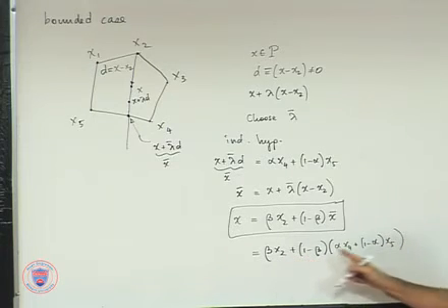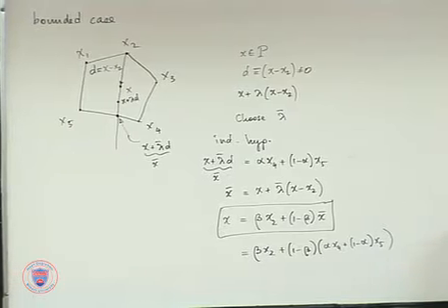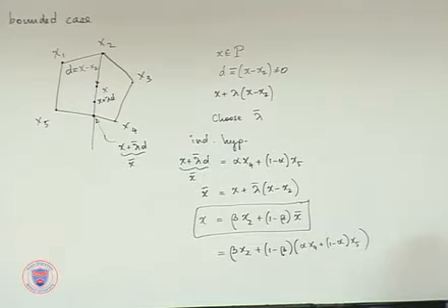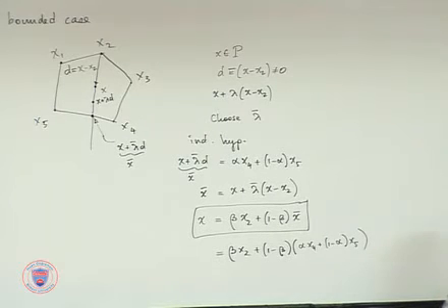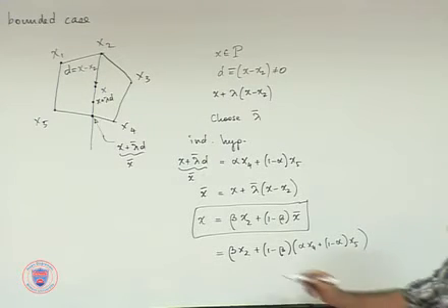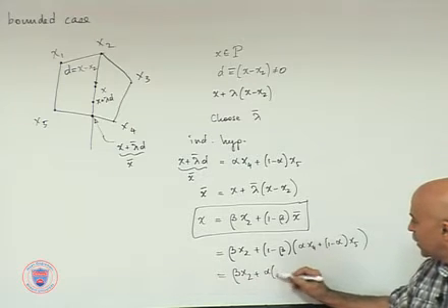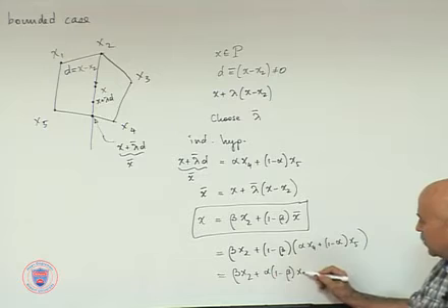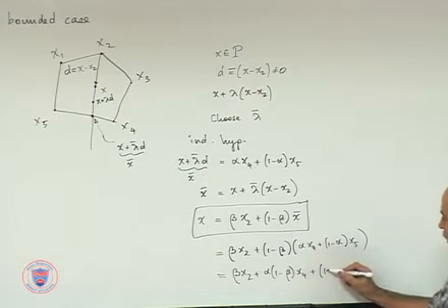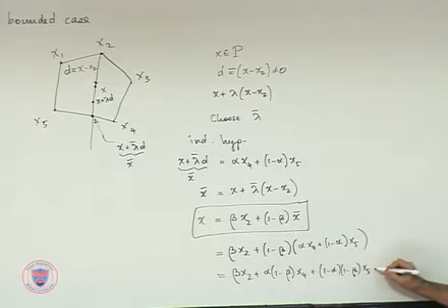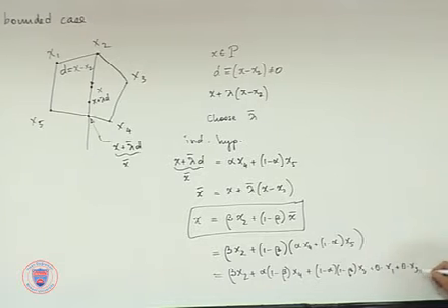So everything here is an extreme point. So the multipliers in front of those extreme points better satisfy the 0, 1 interval requirement, plus they should add up to 1. Do we have that? Beta x2 plus alpha times 1 minus beta x4 plus 1 minus alpha, 1 minus beta x5 plus, of course, 0 times x1 plus 0 times x3. Okay? The missing ones.